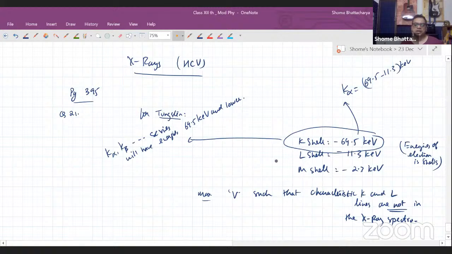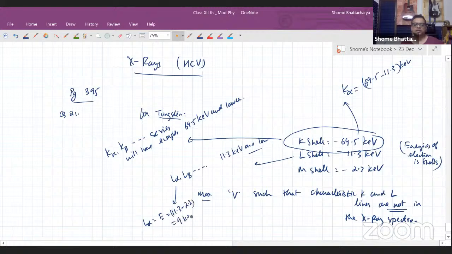Similarly, for the L shell, the L alpha, L beta, etc., will have energies of 11.3 keV and lower. So the minimum one will be L alpha, and this will have an energy of 11.3 minus 2.3, that is 9 kilo electron volts.